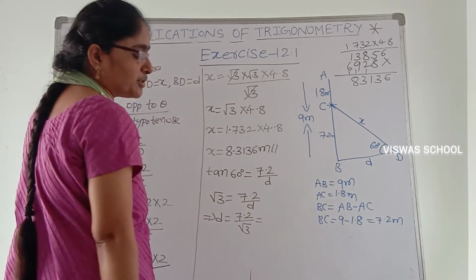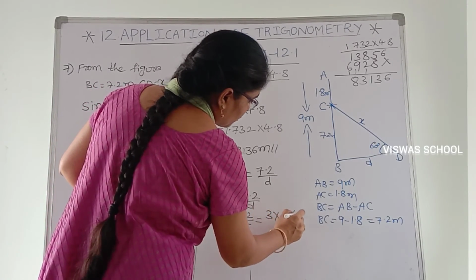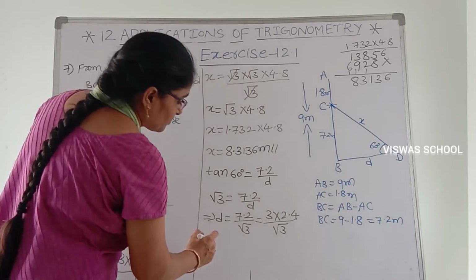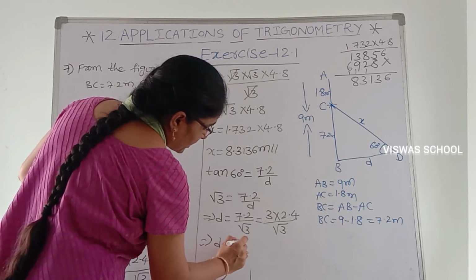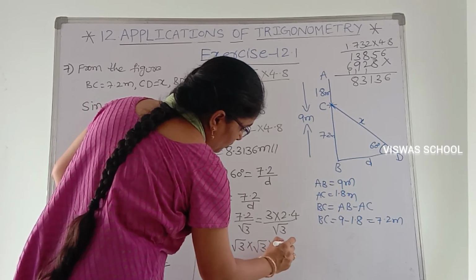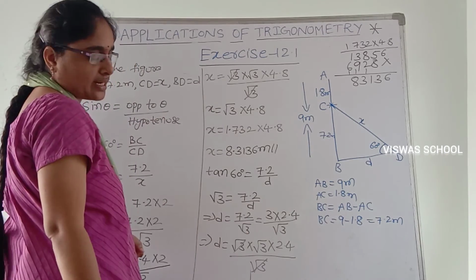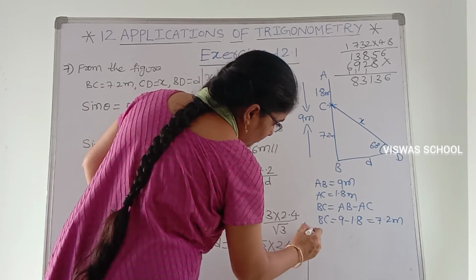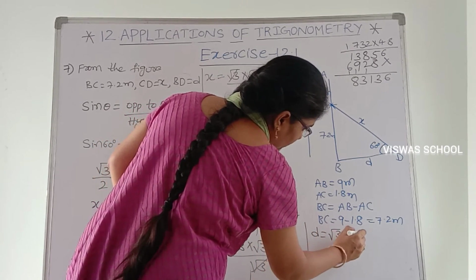Again I write this 7.2 as 3 into 2.4 by root 3, and write this 3 as root 3 into root 3, so d equals root 3 into root 3 into 2.4 by root 3. Root 3 cancels. Now d equals root 3 into 2.4.